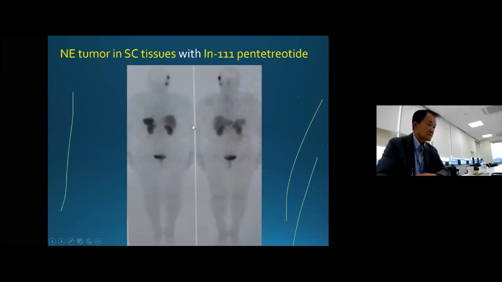Now this is an old slide, but it still shows subcutaneous tissues. You can demonstrate this one. With octreotide, you always see relatively greater intensity in the spleen and the kidneys, obviously. There are somatostatin receptors in the spleen, so it is very intense.